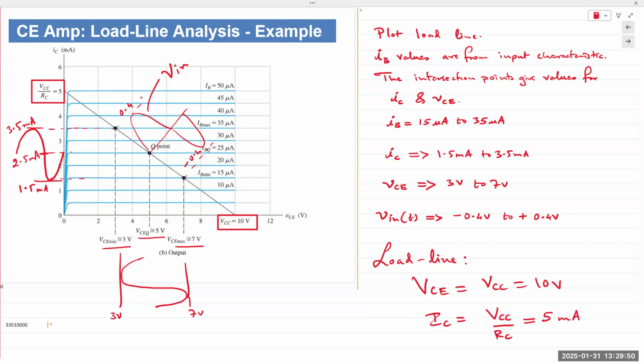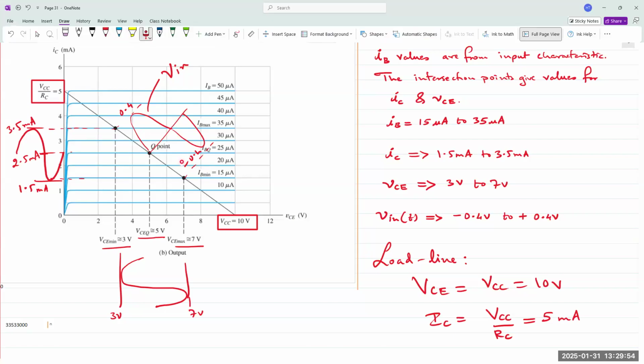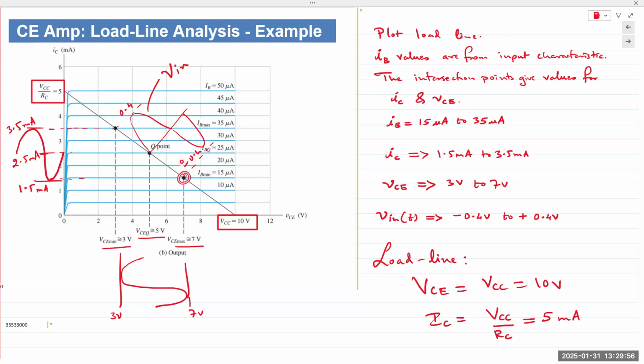When IB goes to its minimum, which is 15 microamps, right here, my corresponding IC is 1.5 milliamps, approximately a gain of 100, which makes sense. If beta is 100, gain should be 100, right? IC should be 100 times IB.